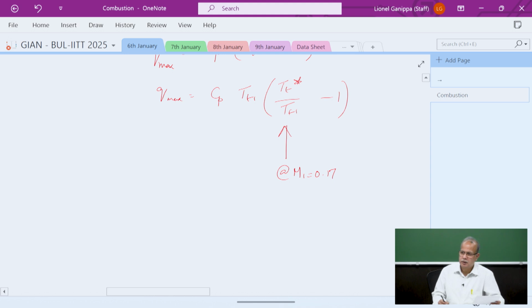Directly from the tables you read that value here, and TT1 you already calculated. So you can calculate Q max. This will be the maximum heat that will be required to cause the flow to choke.